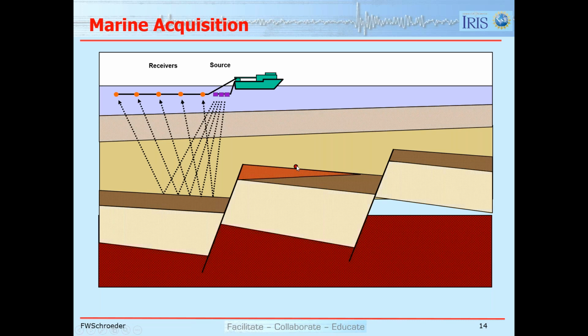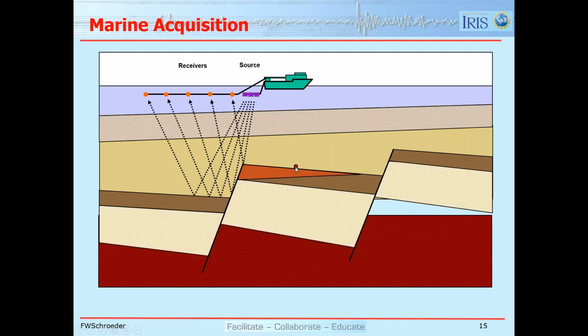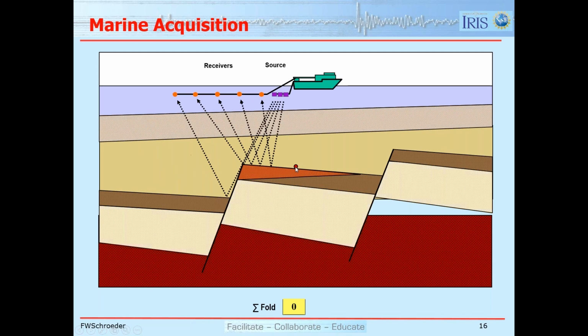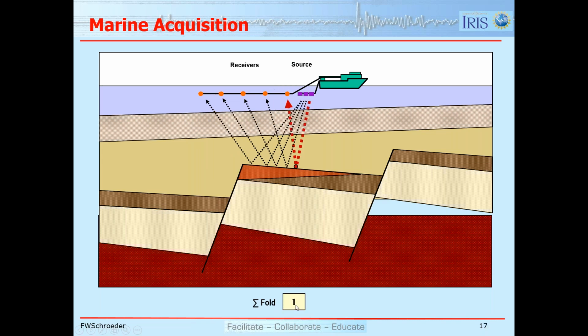The ray paths are going to change as the source position and the receiver position change. I want to count how many times I get a reflection or a bounce point off of this little red circle. So here's time 2, time 3. I still don't have any bounce points, and that's what this 0 corresponds to. At time 4, I have a first bounce point.